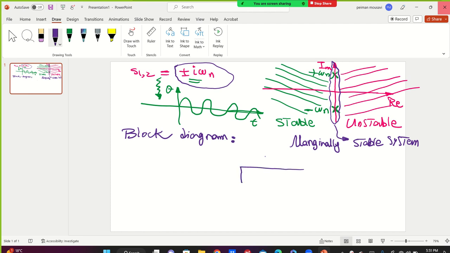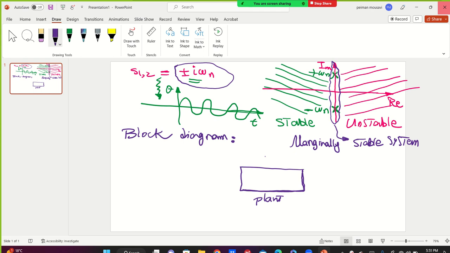This is, we name it the plant, just for introduction. This is the plant. Its technical name is plant. A plant can be a car, an airplane, a pendulum, a robot, or a room.